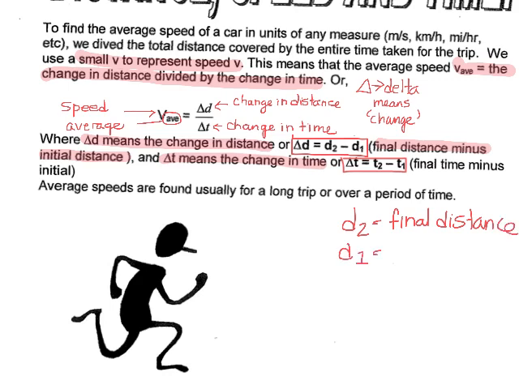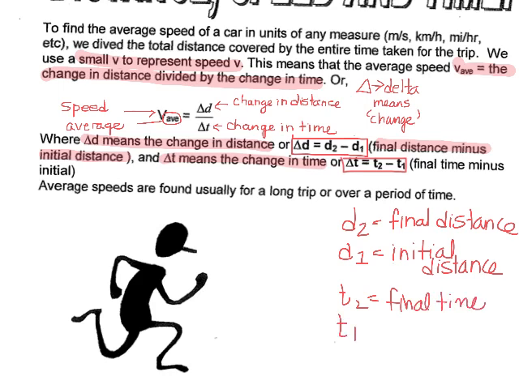D1 always means initial distance. T2 means final time. And T1 means initial time. When you subtract either of those, that's the change.